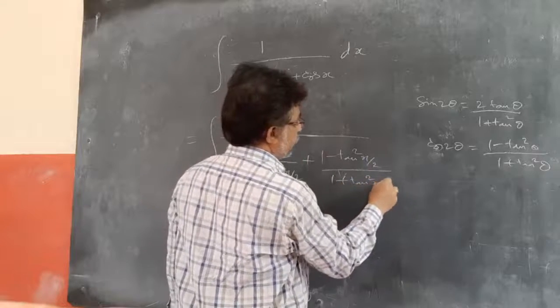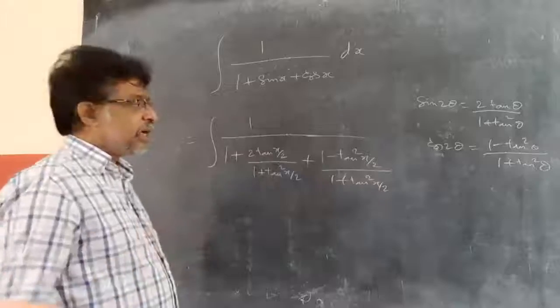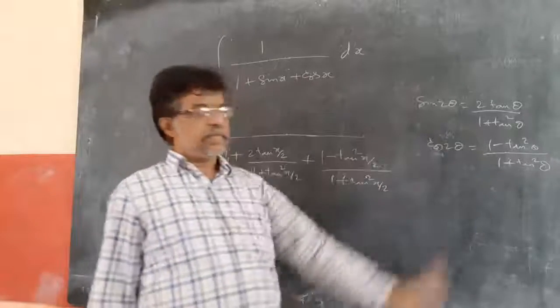So remember the first year formulas, sin 2 theta and cos 2 theta. In place of 2 theta you have x, so in place of theta automatically x by 2.